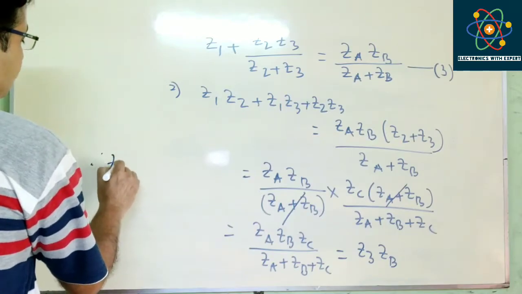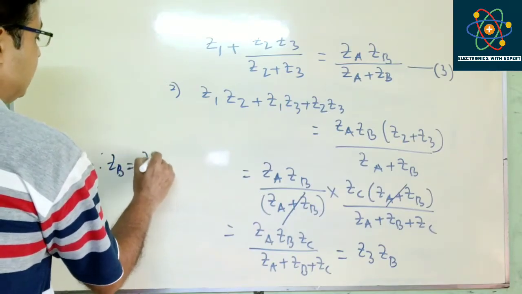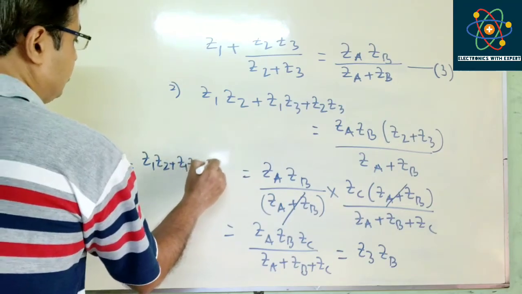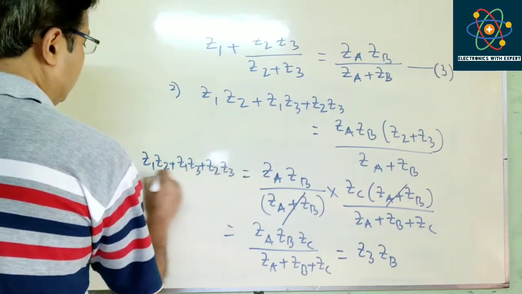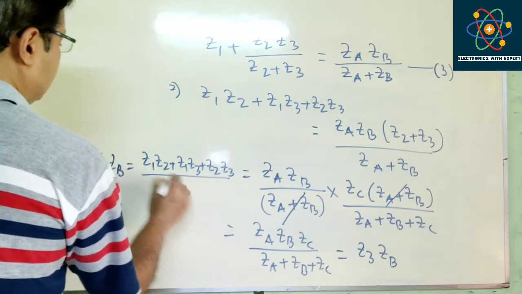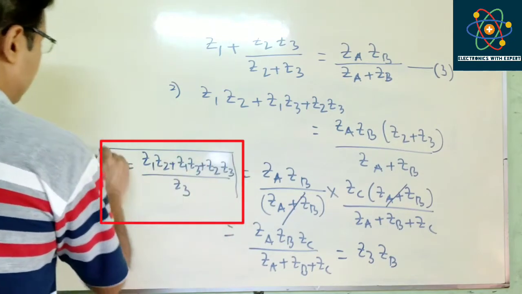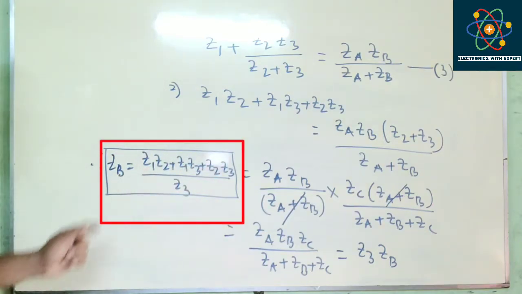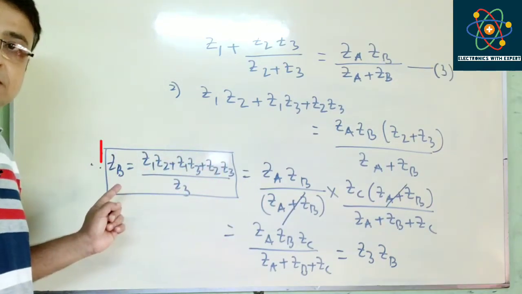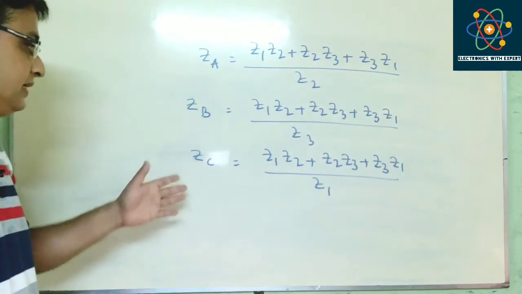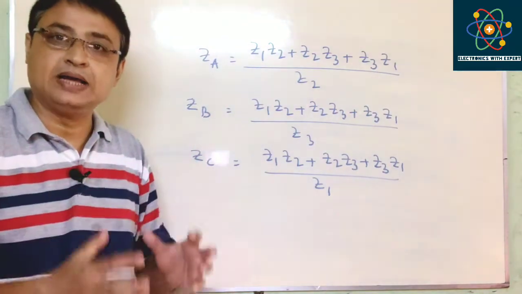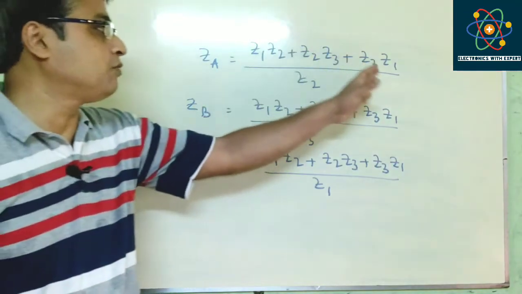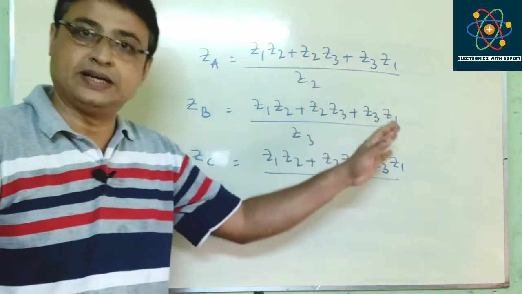So the value of ZB will be Z1 Z2 plus Z1 Z3 plus Z2 Z3 whole divided by Z3. In this way you can convert a T impedance into a pi impedance. These are ZA, ZB, ZC, that is the pi network parameters, which you can get from the T network parameters Z1, Z2, Z3.